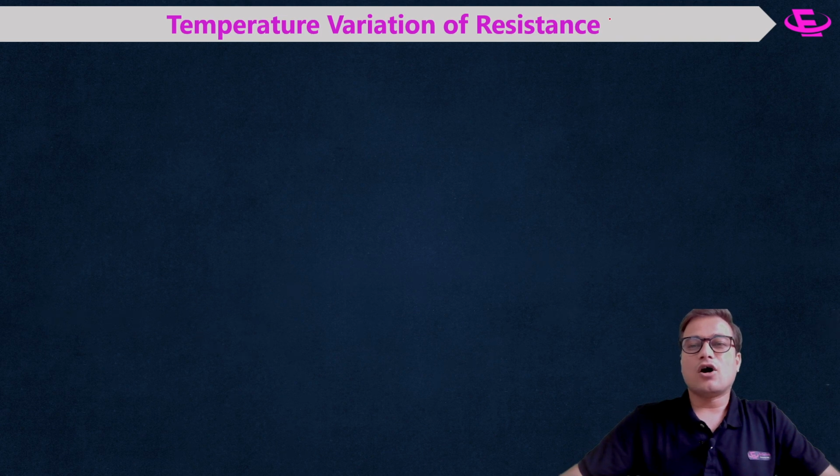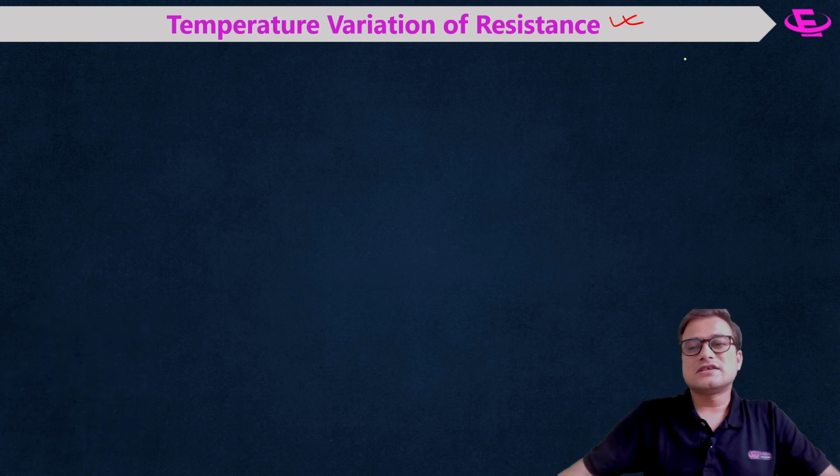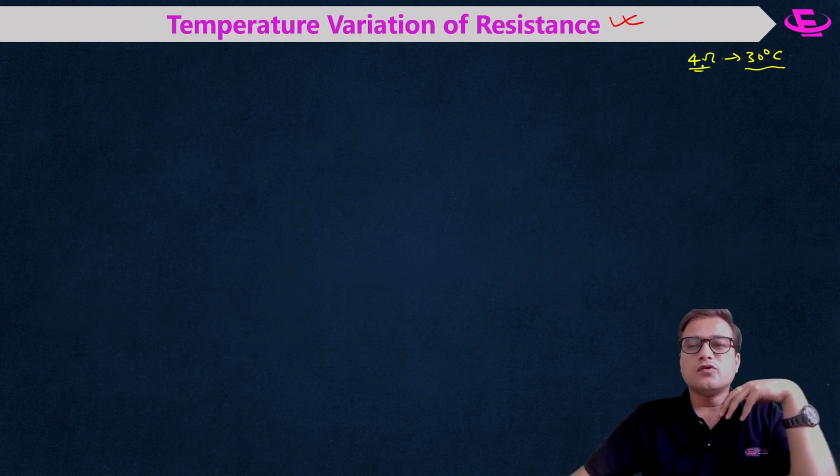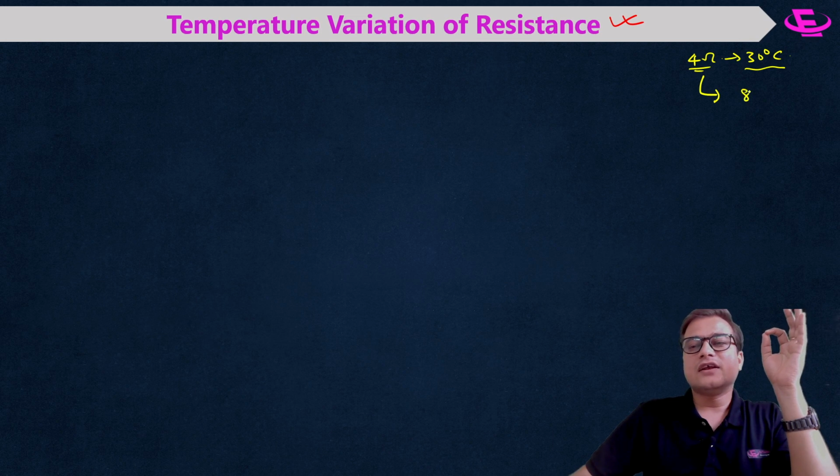Temperature variation of resistance. Suppose you have a copper wire having resistance 4 ohm, kept at a temperature of 30 degrees Celsius. Now, if you bring this copper wire to another room where the temperature is 80 degrees Celsius, what will happen?